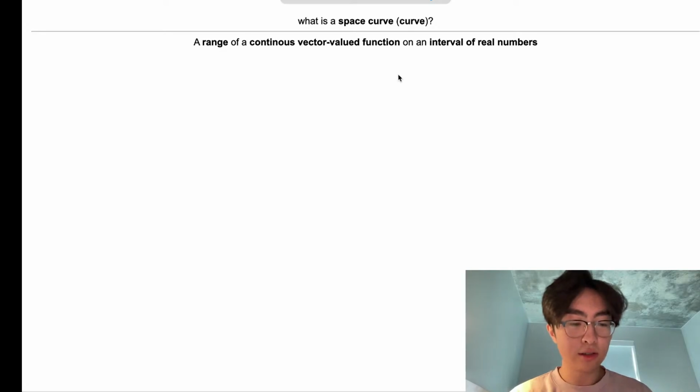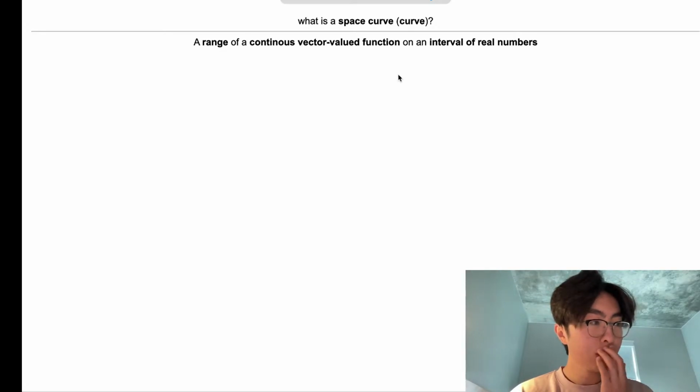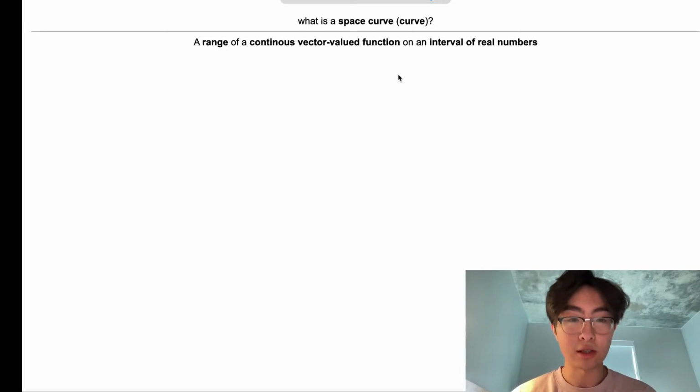And that continuous vector value function, let's just start with a vector value function. So then you map a real number to a vector, and then in the continuous case, I believe a continuous set of numbers gets mapped to a continuous set of vectors.